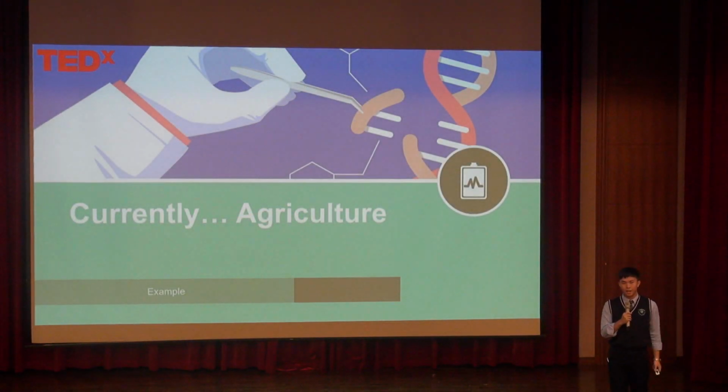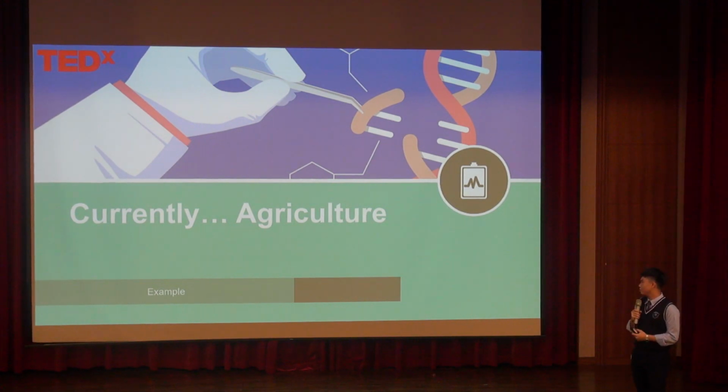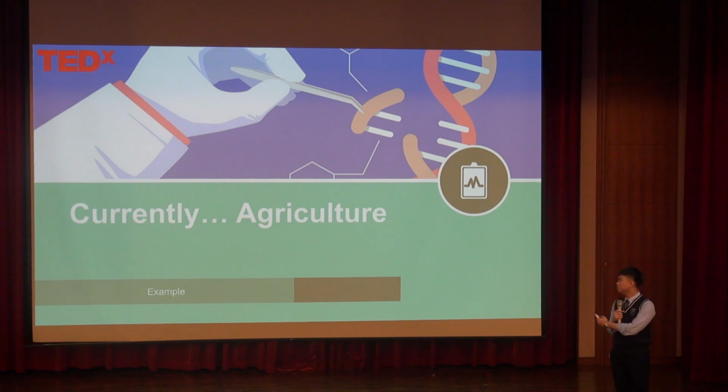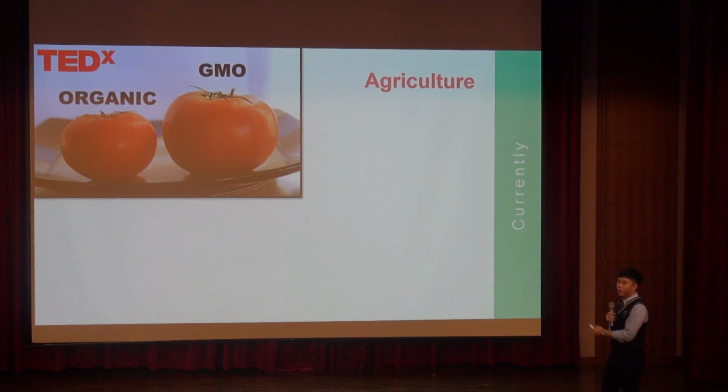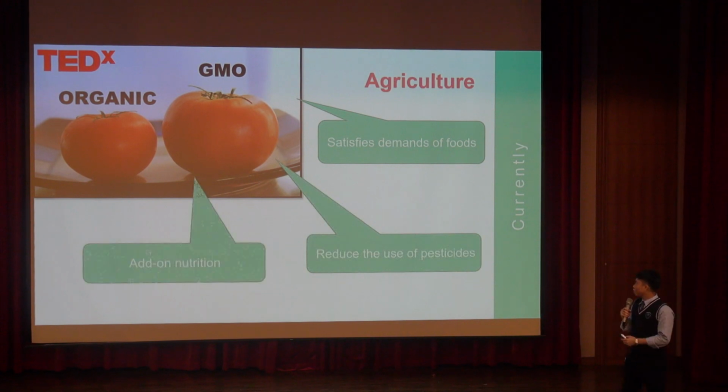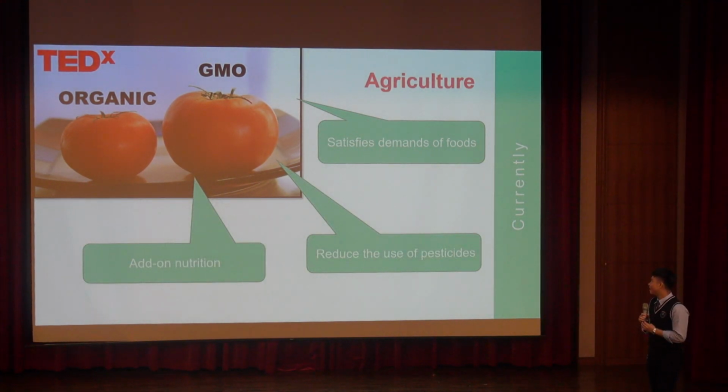Currently, agriculture is the field where we use gene editing technology the most nowadays. This is a comparison of GMO and non-GMO tomatoes, apart from size. GMO foods help us satisfy the demand for food, reduce the use of pesticides, and also improve animal nutrition, since we can directly edit the genes.